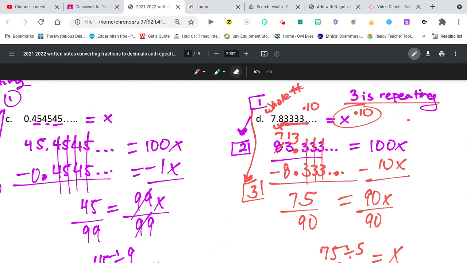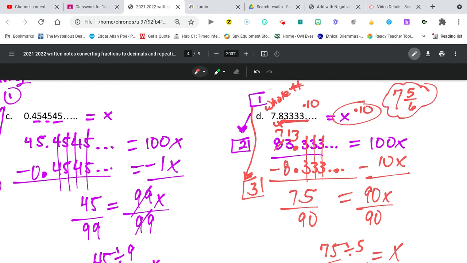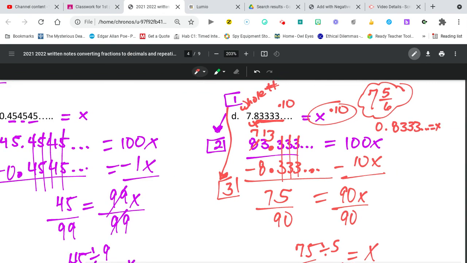written, hold on, guys, let me erase this up here so I can have some more room. You could have kept the whole number 7. And then whatever you got for the fractional piece, just put 7 and 5 6ths. But you would have still had to set this equal to x. Not the one with the 7 in it, okay?